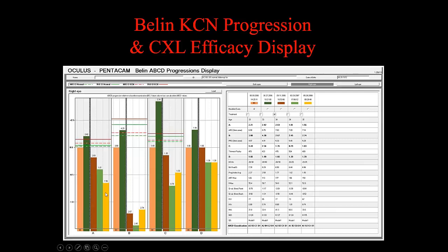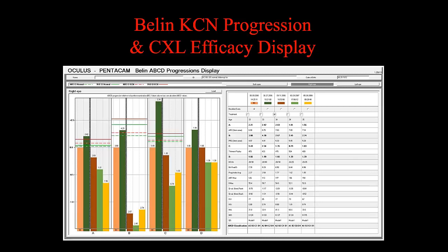This first area here represents exams over time for the anterior radius of curvature from the 3 mm zone. The second bar series here represents the posterior radius of curvature. The third series represents, you can see here, A, B, C, D, represents the thinnest pachymetry, and this represents distance visual acuity.